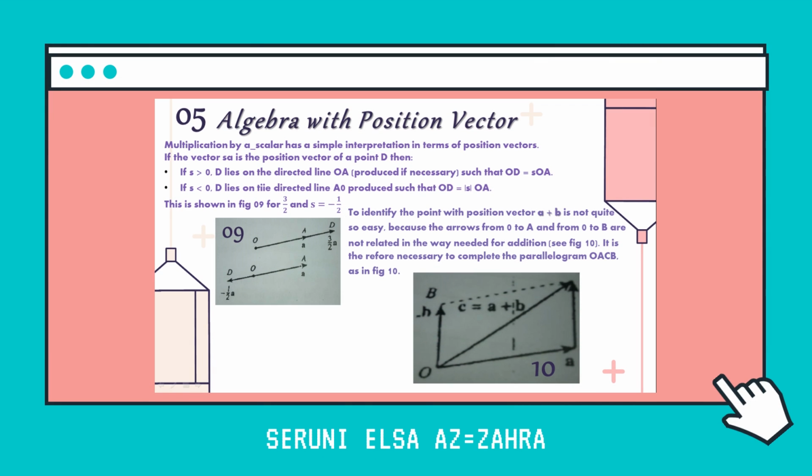Vector algebra with position vectors. Multiplication by a scalar has a simple interpretation in terms of position vectors. If the vector sa is the position vector of a point D, then if s is greater than 0, D lies on the directed line OA produced, if necessary, such that OD equals s times OA.